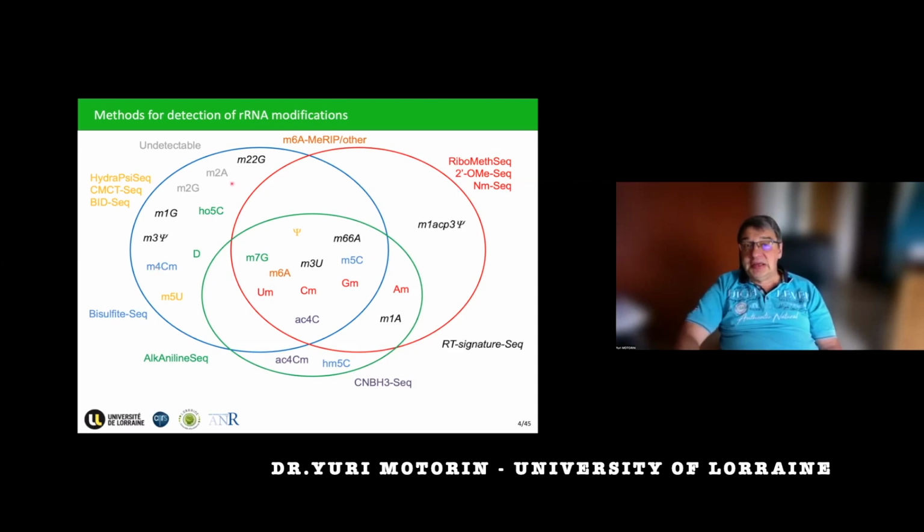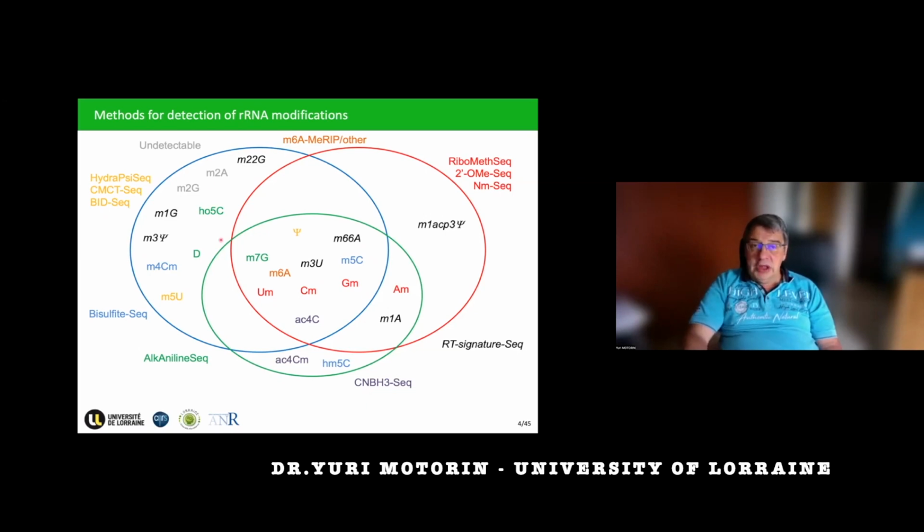Others are detectable by RT signatures, many of them, because many of those nucleotides are RT arresting and generate a visible signature in the RT profile, or, like Schraga developed, a method for ac4C, which can also be used.